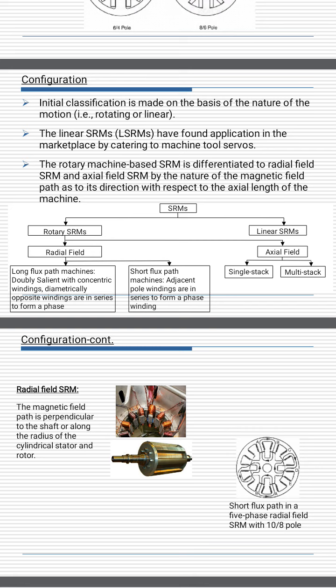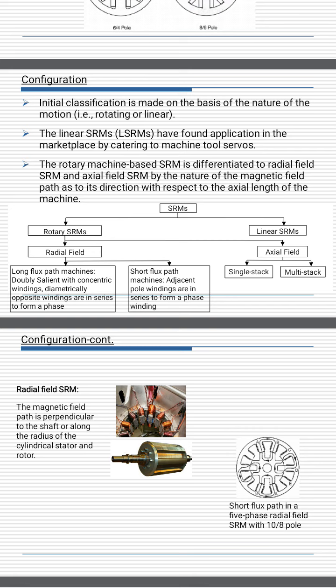Here is the flowchart which shows SRM. It has two parts, rotary SRM and linear SRM, and from rotary SRM, radial field and axial field. From radial field we have two differentiations.